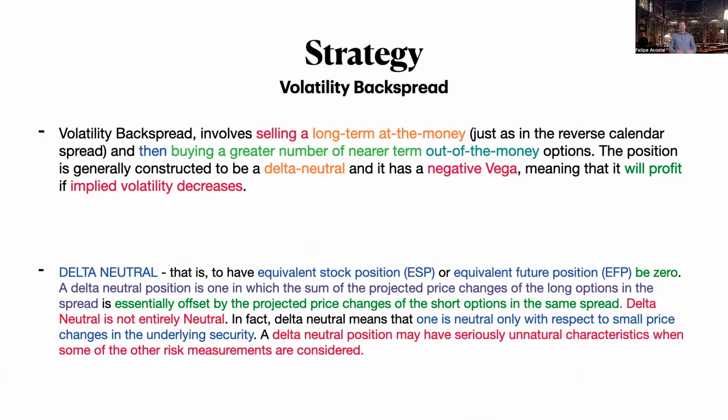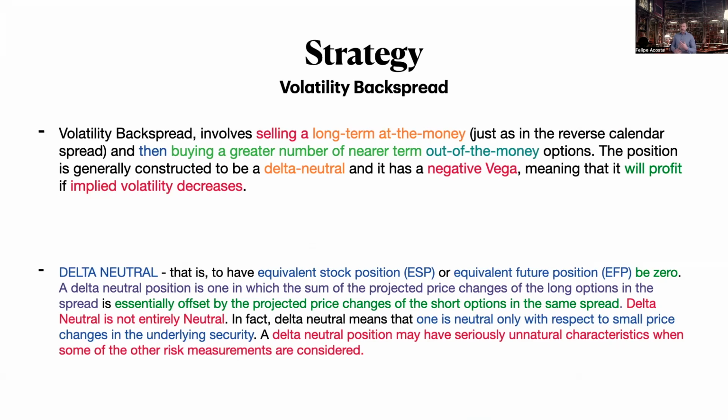The position is generally constructed to be delta neutral, and it has a negative Vega, meaning that it will profit if implied volatility decreases, whereas typically long options, whether calls or puts, lose money when volatility decreases. So this is basically the ability to make money when volatility decreases, right? Someone might call it a volatility crusher or whatnot.